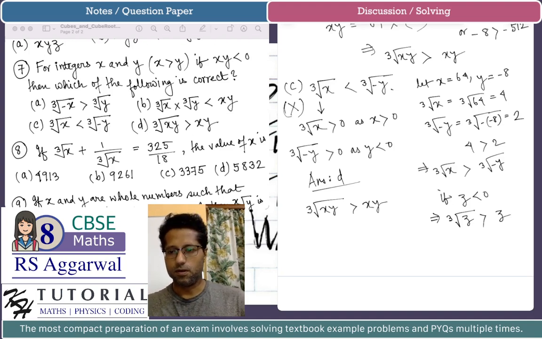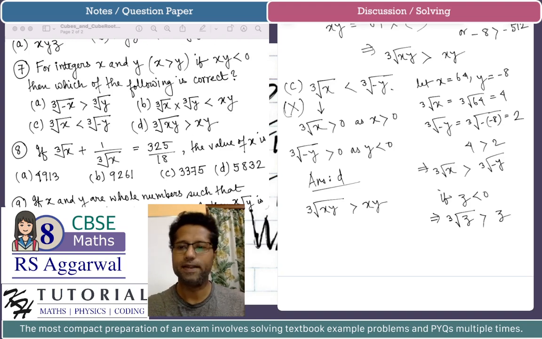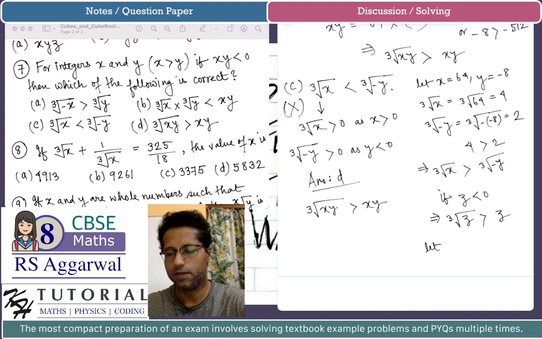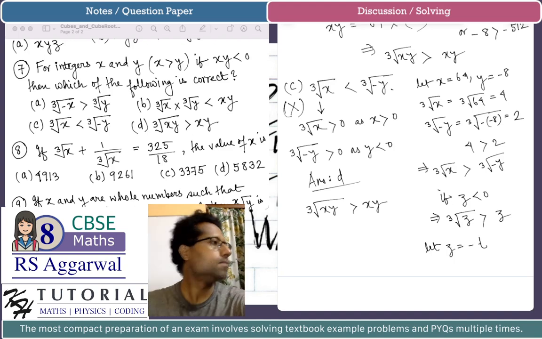Why is it so? Since z is a negative number, we can assume z equals minus t.